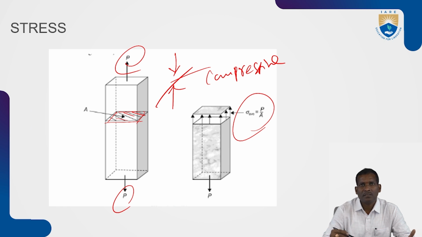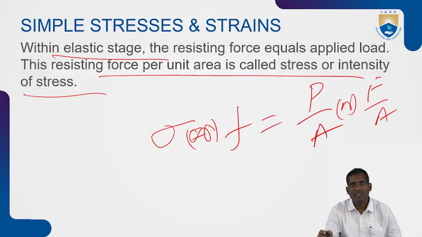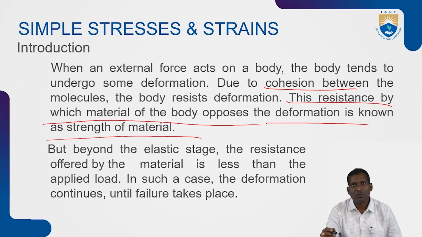So in this case, the opposing force is resisted by the deformation. As per definition, the opposition to the deformation is known as strength of the material.